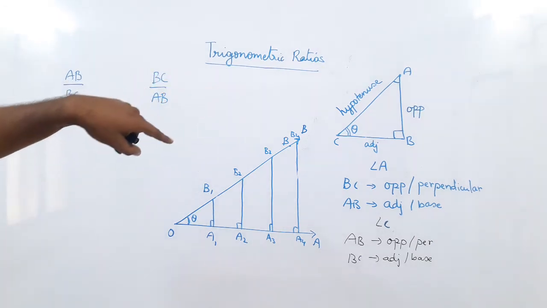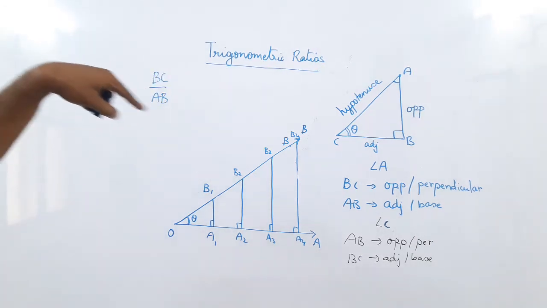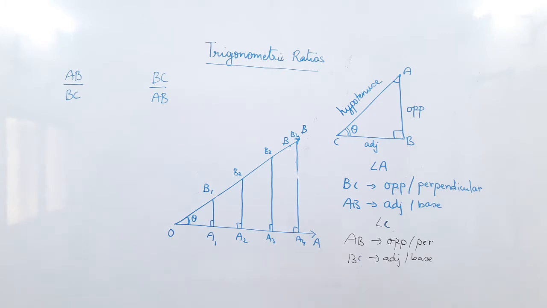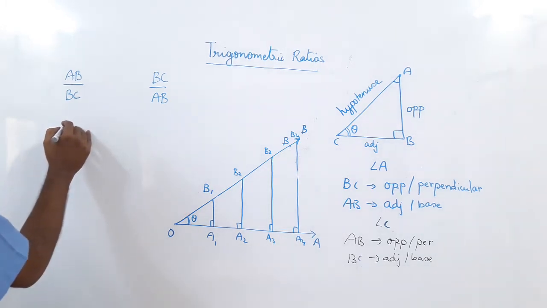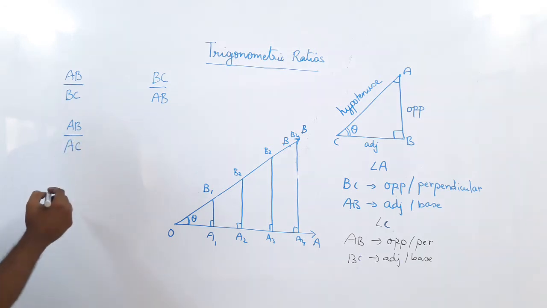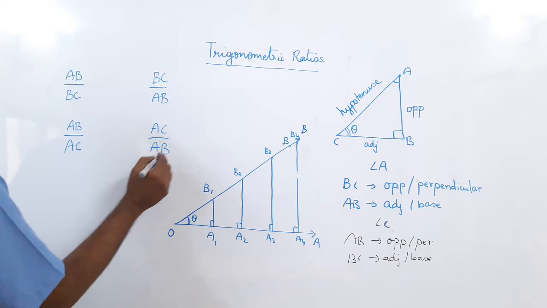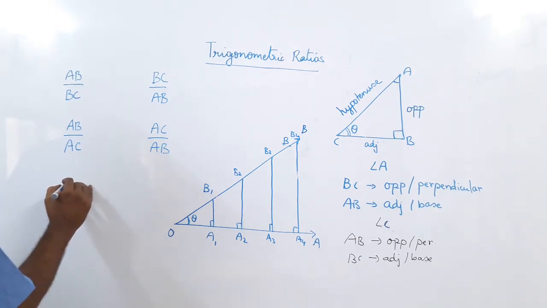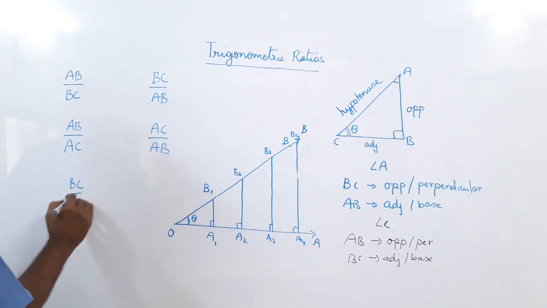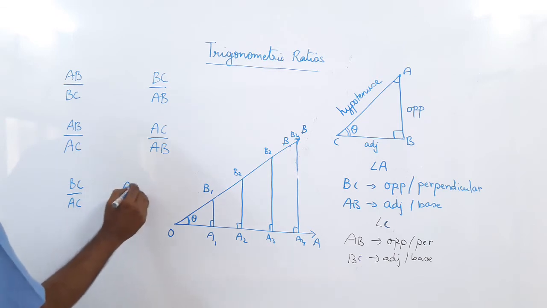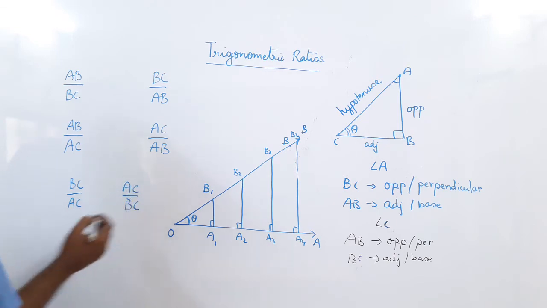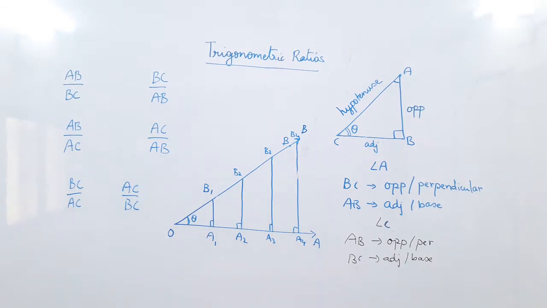Then we will say AB and AC has formed a ratio, and even AC and AB is a ratio. Then we have got BC and AC is a ratio, and AC upon BC is also a ratio. So a triangle has got 6 ratios.